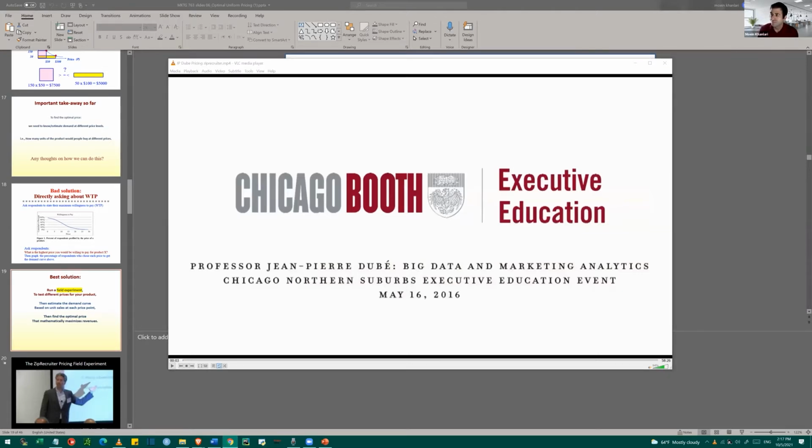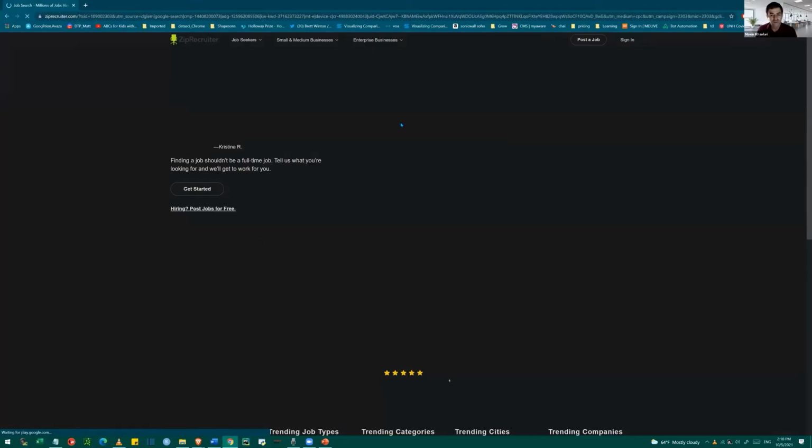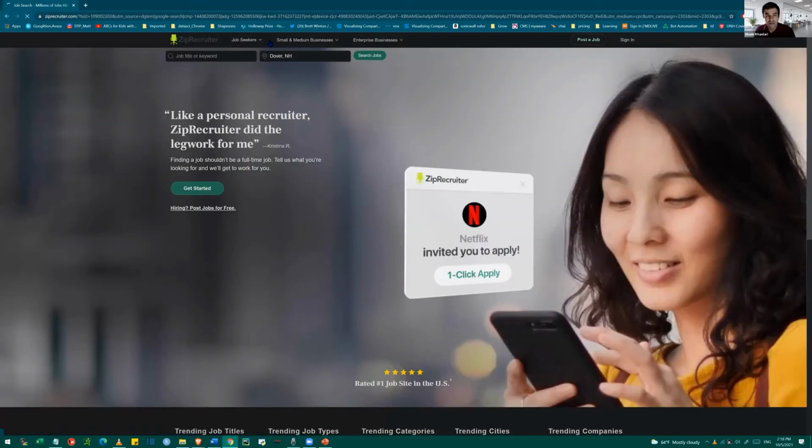I hear them advertising on the radio all the time. So if I'm going to their website, this is what their website looks like. They basically matchmake employees with employers using the algorithms that they have, making the process more optimal and less costly for businesses. So they deliver value.